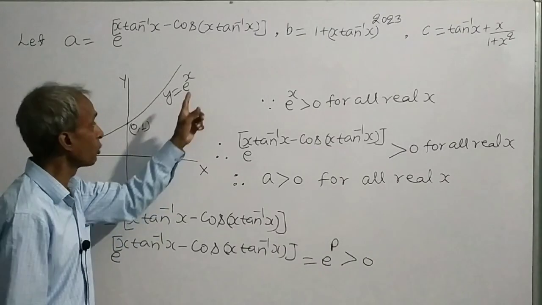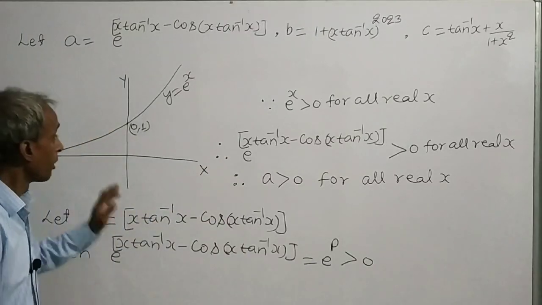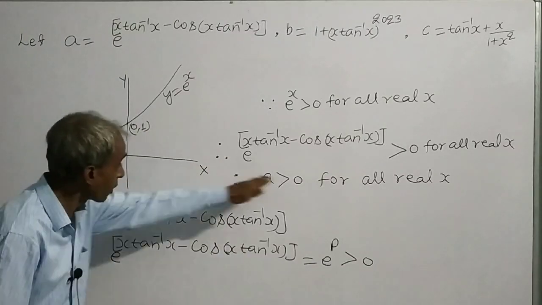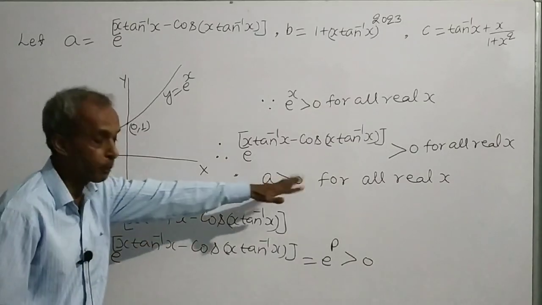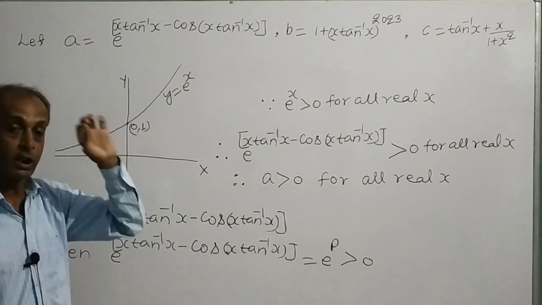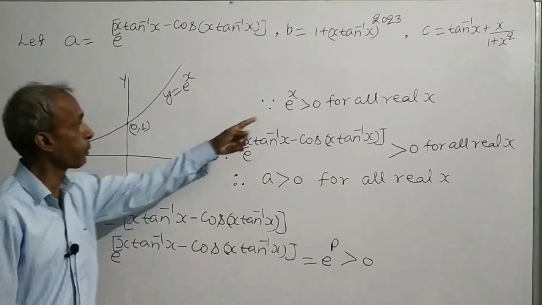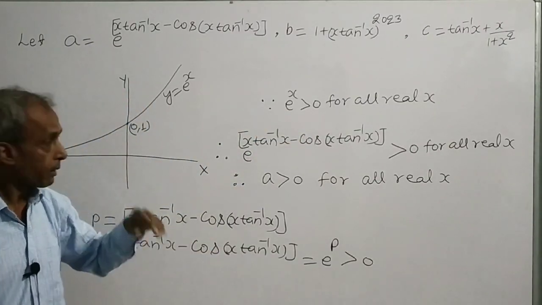That means the value of e to the power x will be positive for all x from minus infinity to plus infinity. E to the power x is always positive for all real numbers x.